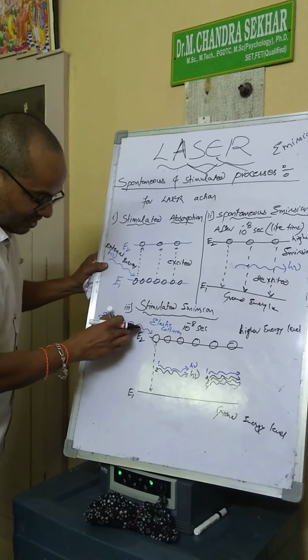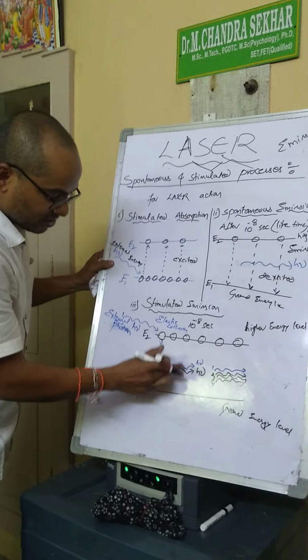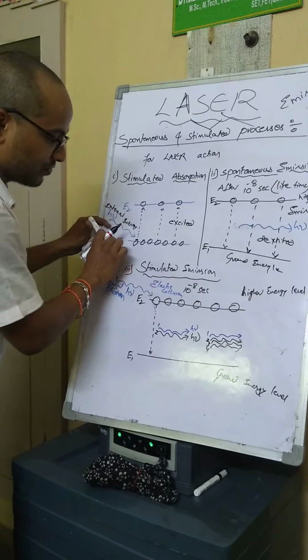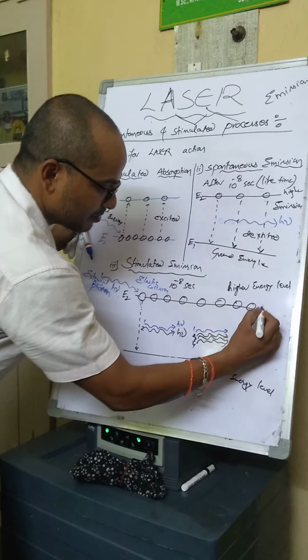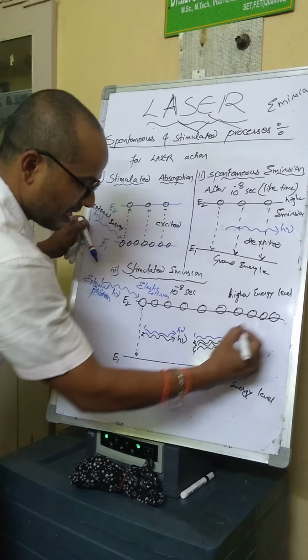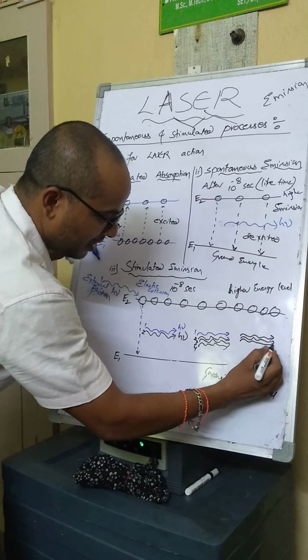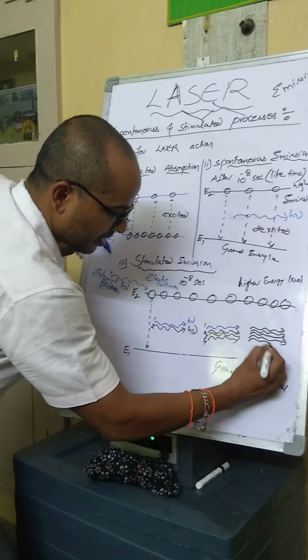You see, 1 is becoming 2 photons, and these 2 are becoming 4 photons, and these 4 photons interact with 4 higher energy level atoms, and the output is automatically doubled or multiplied like this.